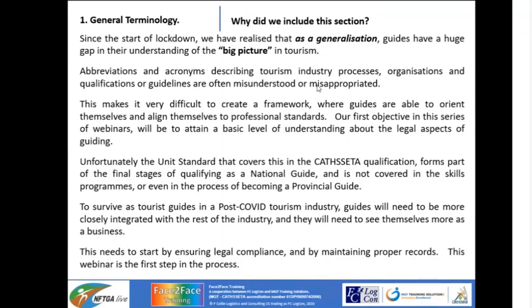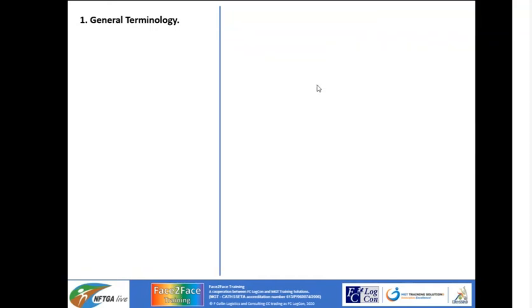In most cases, there was no contract, there was no proper email trace of the booking, and there was no proper record. Some of the invoices weren't invoices, they were little handwritten notes out of a receipt book. That needs to change. So we're going to look at all these things during the course, but let's start with the first part of the actual acronyms.